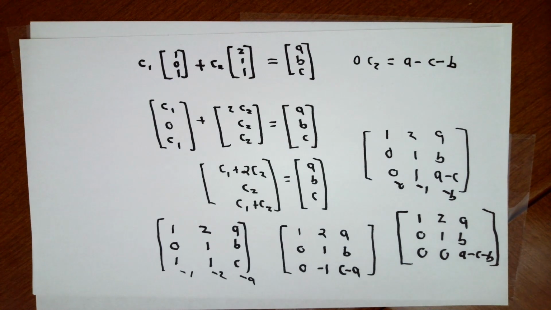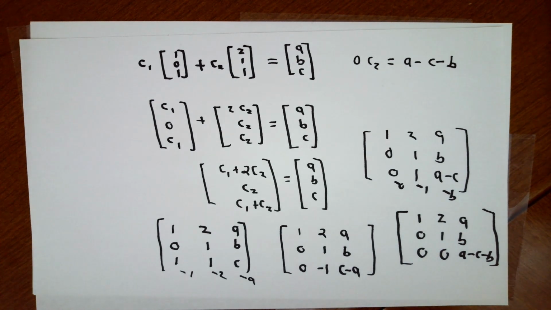The left-hand side of that equation is always 0. The right-hand side is a minus c minus b. If a minus c minus b is 0, then the equation is true. But if a minus c minus b is not 0, then it can't be true. This answers our question, but we'll look at it in more detail in a moment.